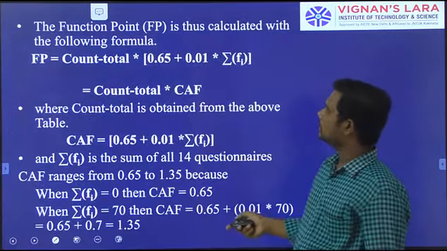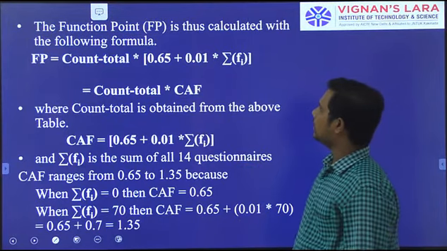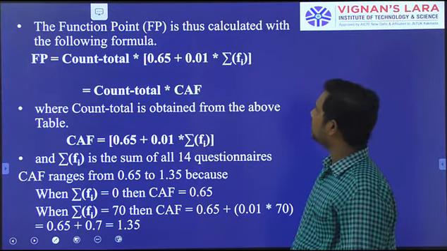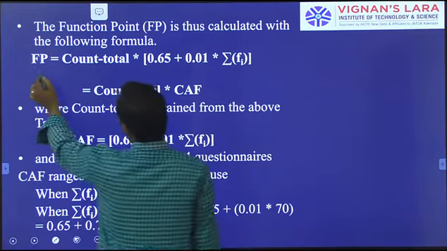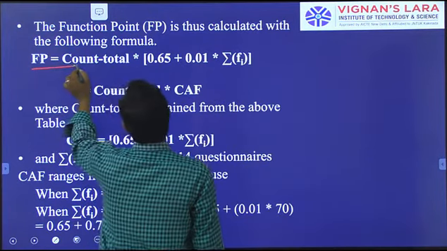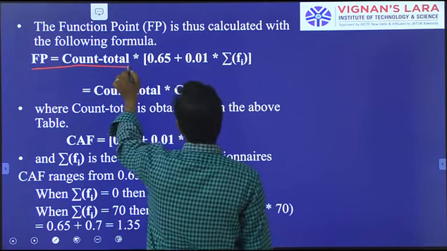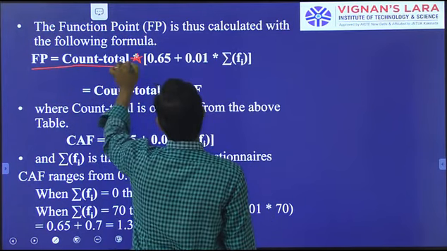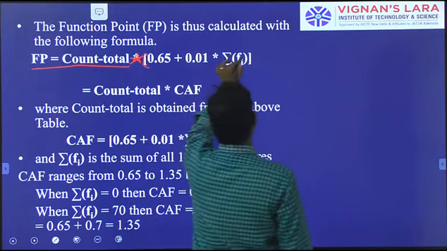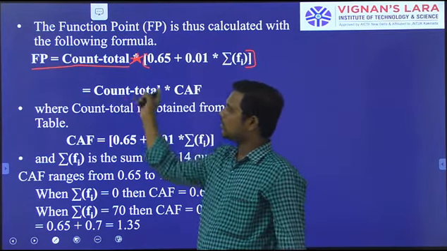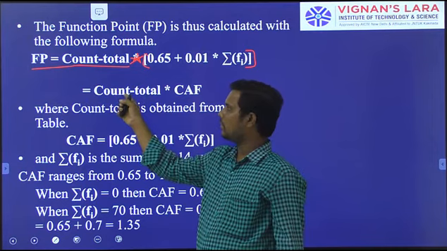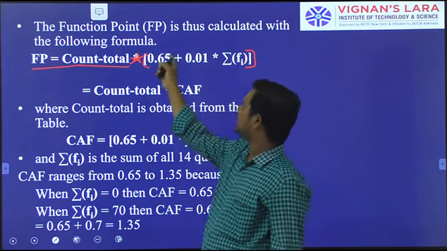Okay. You can see the output. The function point FP is calculated with the following formula. FP is equal to the count total multiplied by this value we are applying. So first we know the total count, and then only we can multiply by this number.